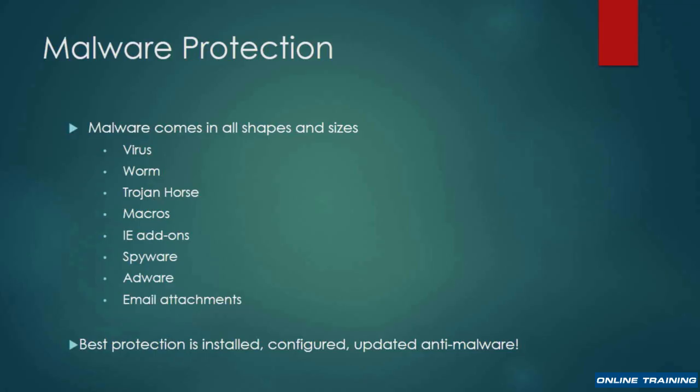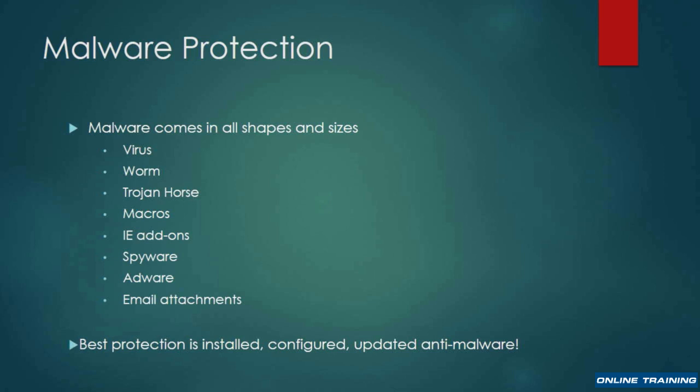Trojan horses are typically for the purposes of identity theft or the purposes of remote control. Macros are built-in executable code inside Word documents and spreadsheets. If they contain malicious code, then when the macro is initiated, it drops the payload. Internet Explorer, Microsoft Edge add-ons can potentially contain malicious code.